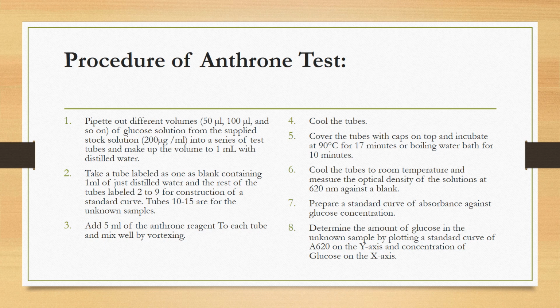After the color appears, and after we confirm the positive result of the anthrone test, then we can go to examine the concentration of the samples in the spectrophotometer. So steps 6 to 8 are for examining the concentration of the carbohydrate samples in the spectrophotometer.